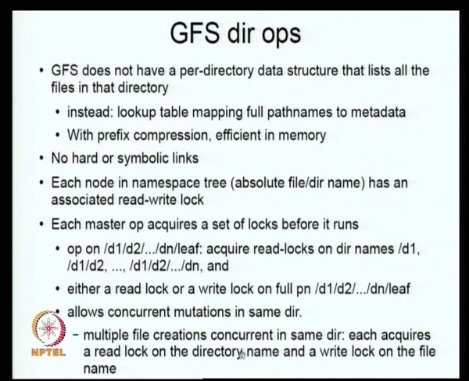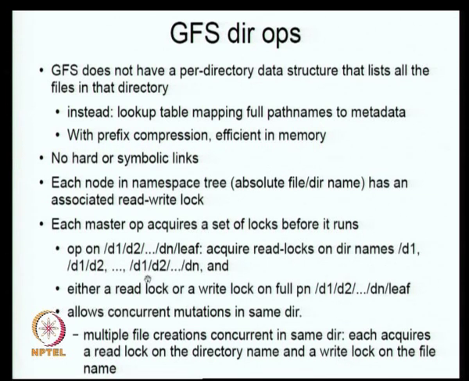If you are doing, for example, multiple file creations in the same directory, you can acquire a read lock on the directory name and a write lock on each of the file names, and that's perfectly fine, because all you are saying is you are not going to change the path name, it is intact as it is, but you are going to change the file. That is why you take a write lock on that.